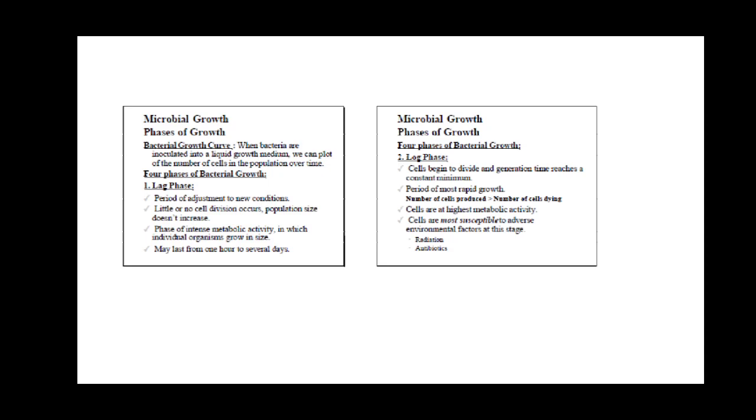So we can plot the number of cells on the x-axis and time on the y-axis. Based on that graph we can represent the number of bacteria with respect to time. So there are 4 different phases of growth.